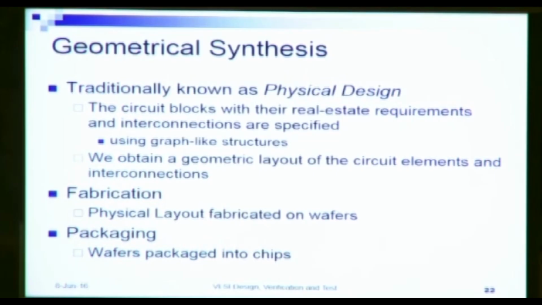You have the geometric layout of the circuit elements along with the interconnections as will be obtained on the substrate. After you have obtained the layout, you fabricate it on the wafer and obtain the physical chip. The chip is then packaged and is ready to market.